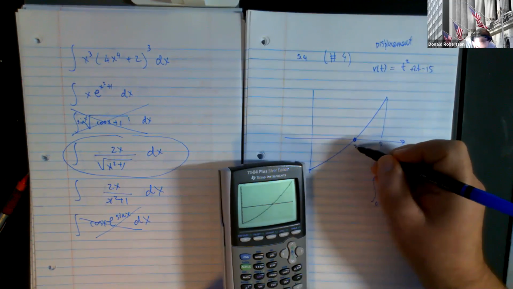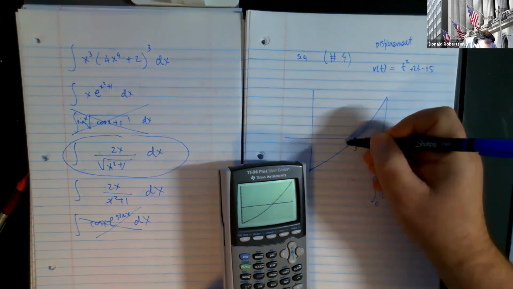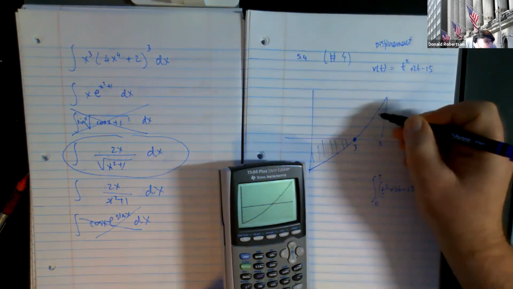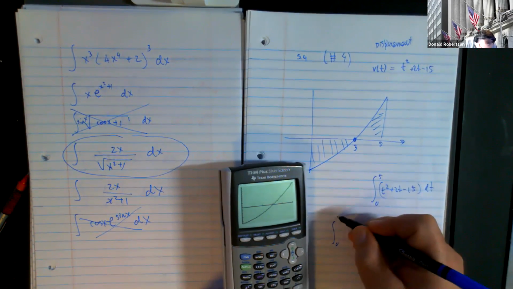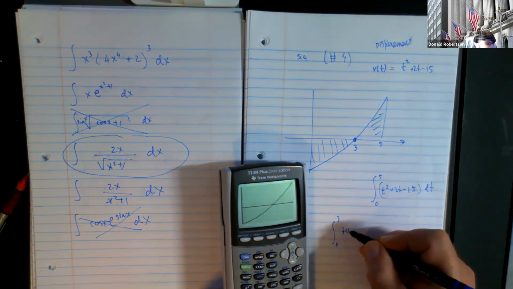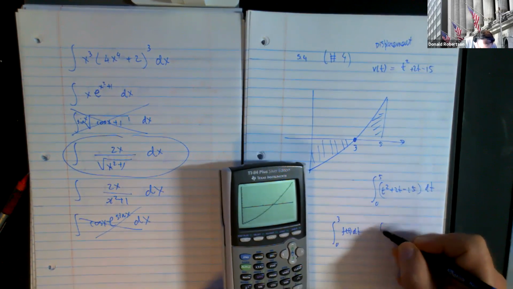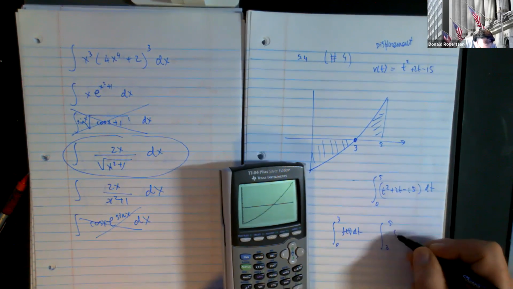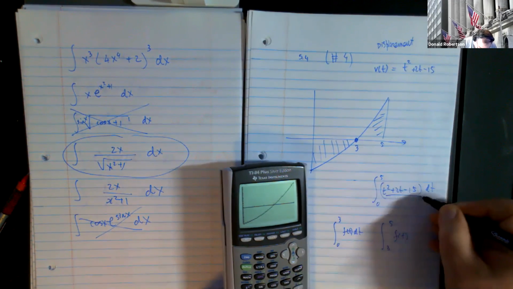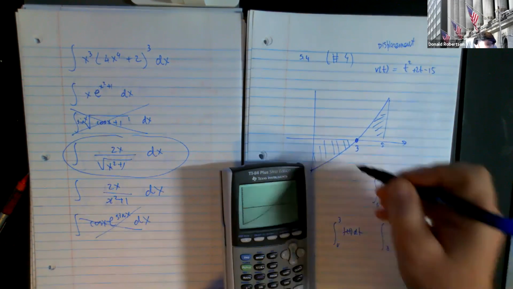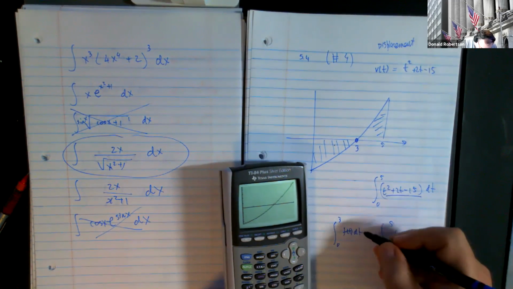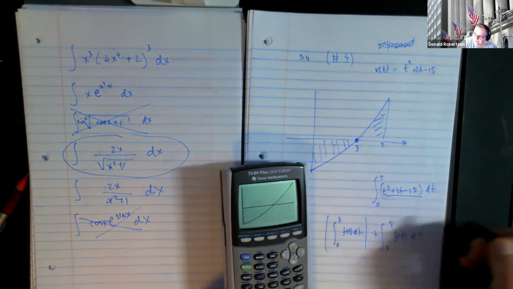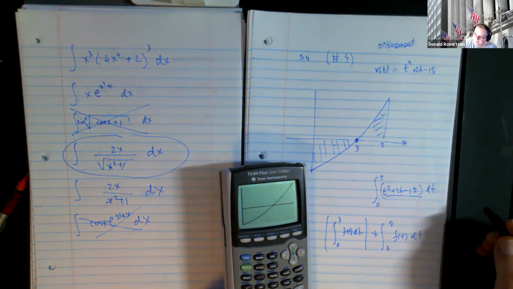I believe he's at 3. You're going to find this area, and you're going to find this area, but you're going to do them separately: from 0 to 3 of the thing, and then from 3 to 5 of the thing. But won't this come up as a negative? But you make it positive. And that's how it works.